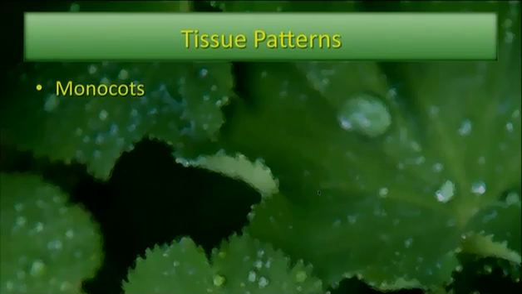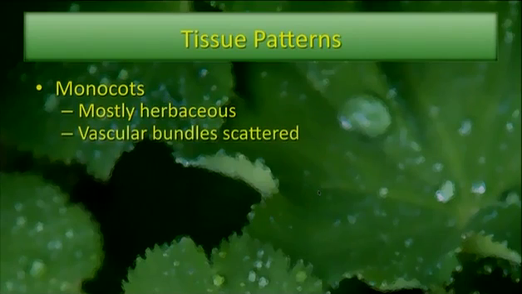Now we come to monocots. Monocots are mostly herbaceous. They usually don't get that big because they usually have no lateral meristems and no woody growth, as we just saw. In monocots, the vascular bundles are scattered throughout the whole cross section instead of being in a ring formation.